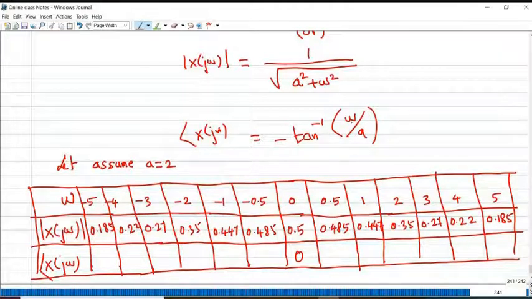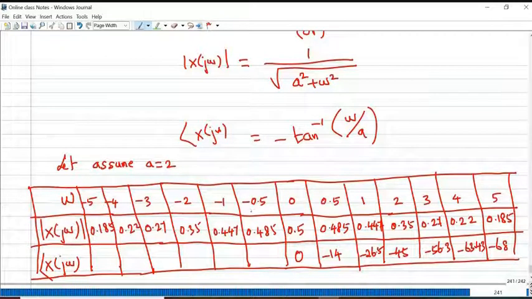If you substitute omega 0.5, a equal to 2, you'll get minus 14 degree. Minus 26.5, minus 45, minus 56.3, minus 63.43, and for 5, minus 68.